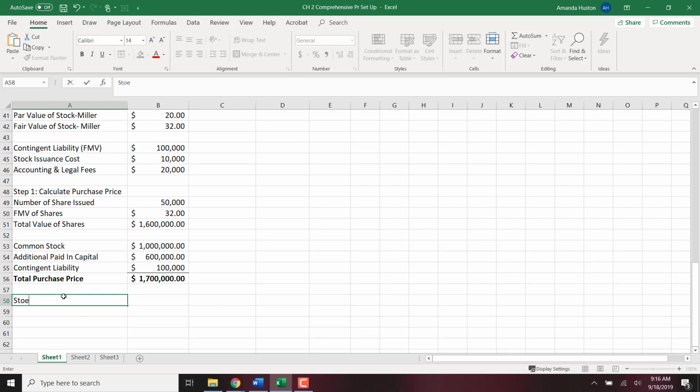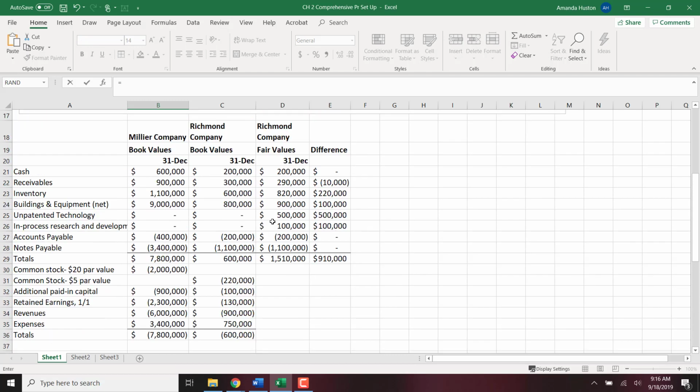Step 2, calculate book value of sub. In this case, it's Richmond, or our subsidiary. So we are going to take total assets, and this is from the book value.